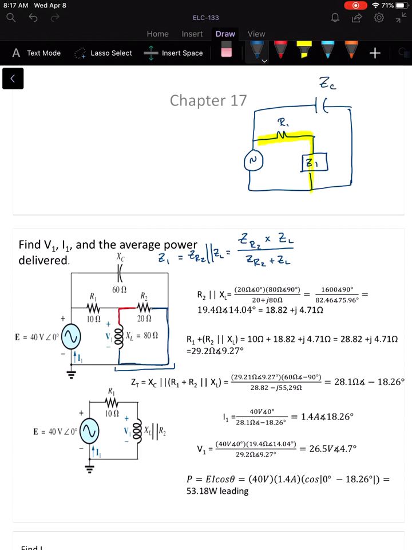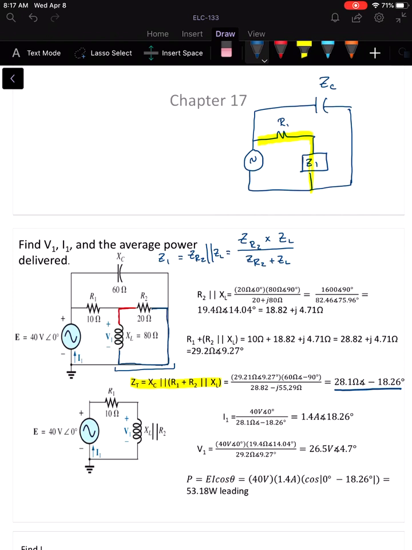So we would then combine what we just did, the resistor and inductor in parallel plus R1, and put that in parallel with X sub C. What we end up with in polar form is 28.1 at an angle of negative 18.26.